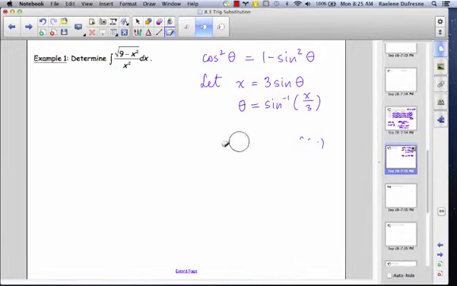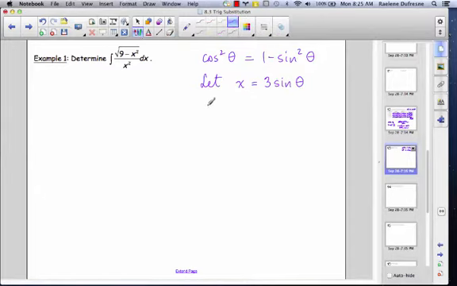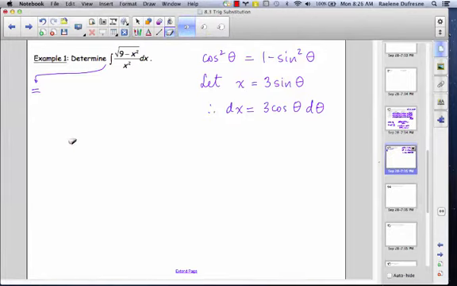So let's get rid of this. We don't need this. And of course, we need to identify the differentials. dx will equal 3 cosine of theta d theta. And from here we can do the substitution. So the integral is equal to, I'm changing the variables, and I'm going to rewrite it in terms of theta.